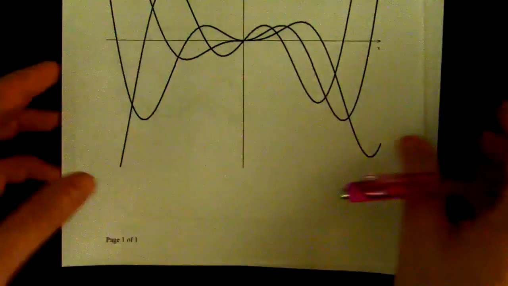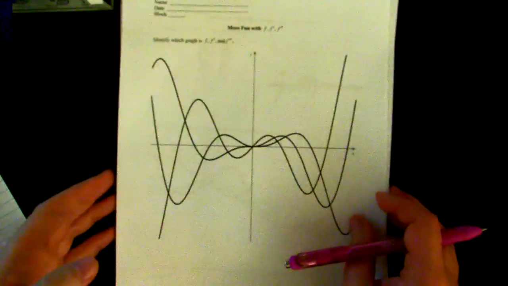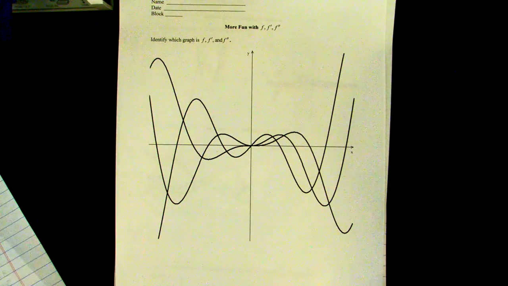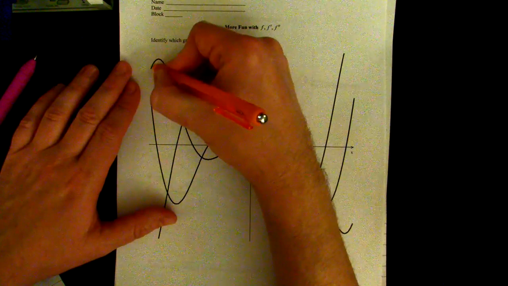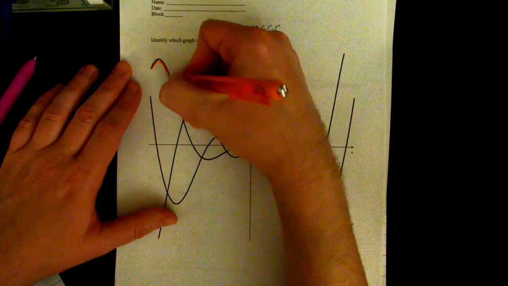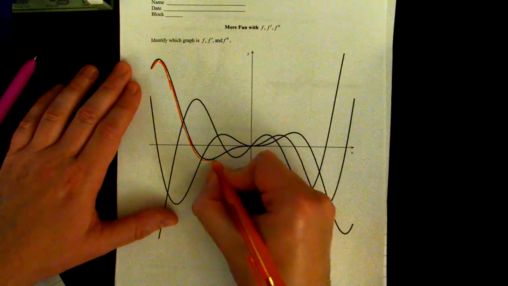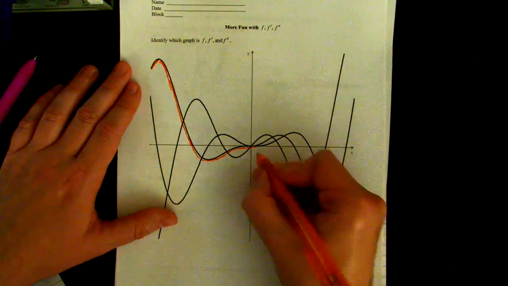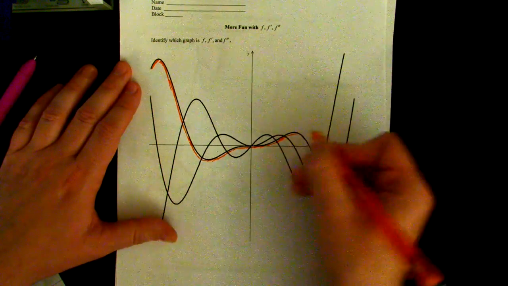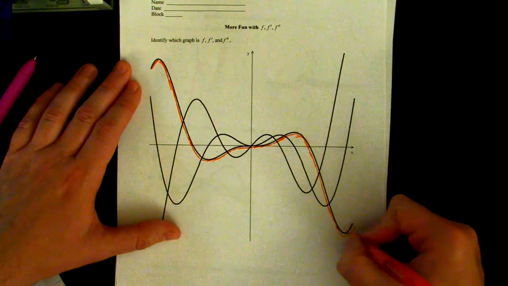One more of these. We're going to look at the sheet titled More Fun with F, F prime, F double prime. We're going to trace these out, and it gets a little messy in the middle. So hopefully I'm going to trace these out properly. Let's see. I think it's going to look kind of like this. I hope I picked that out right.